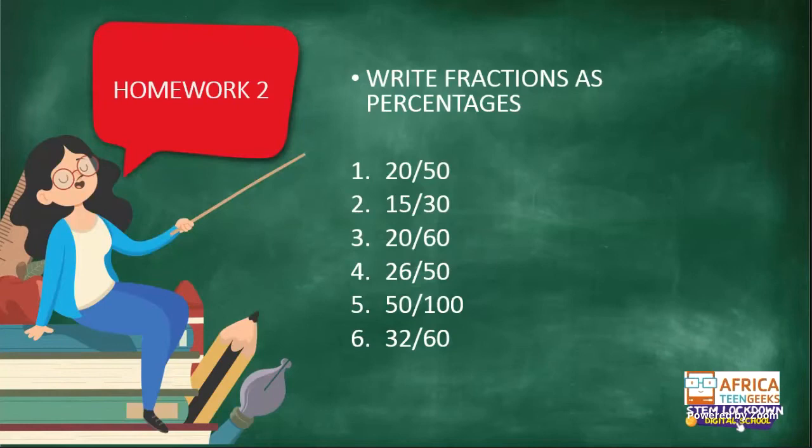Number 5 is the easiest, and we have 50%. All right, let's look at the last one. We have 32 over 60.